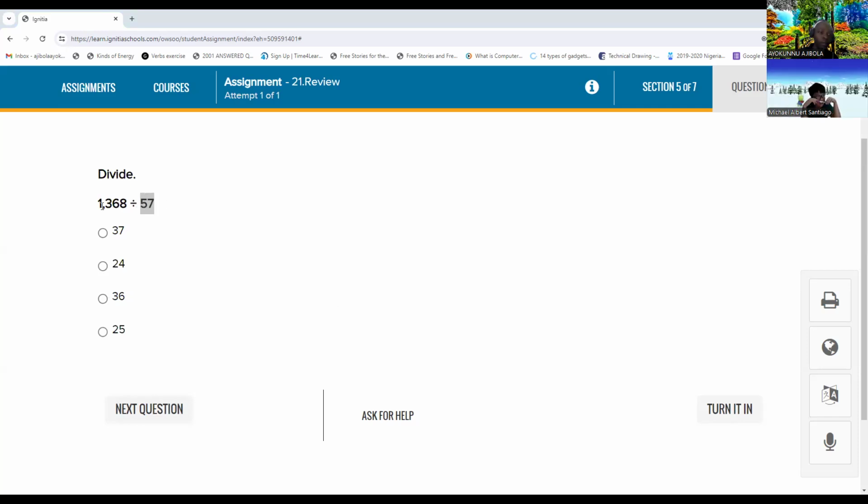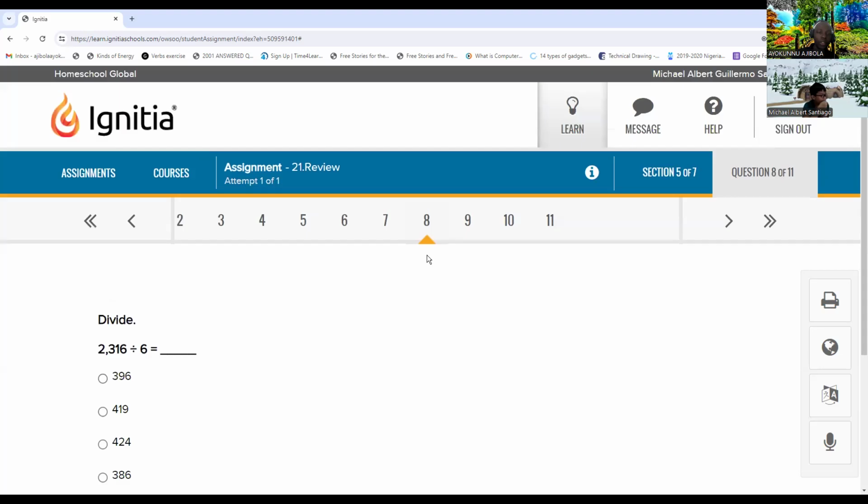So 57 in 136, it's going to give us 2 because it can be 3. Then the one with 2, we have the third option and the last option. But the correct answer is the third option. Is that clear? Okay.